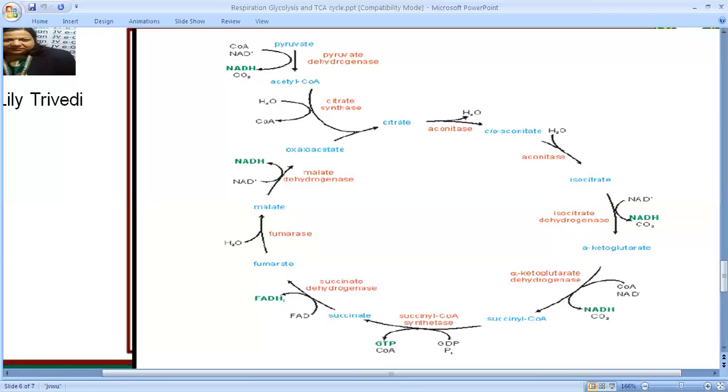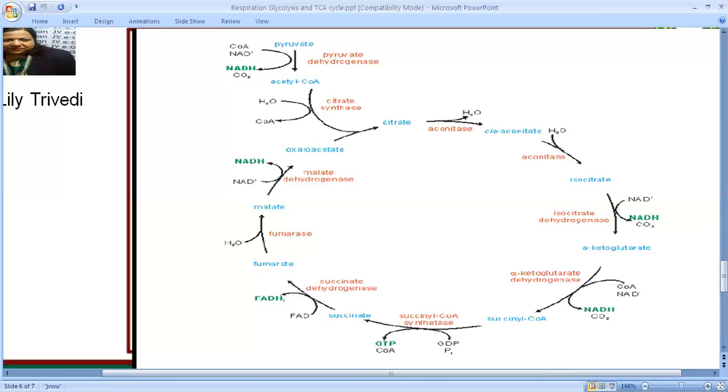Now after this, this fumaric acid is converted into malic acid in the presence of water and fumarase. Now the last step is malic acid is oxidized to oxaloacetic acid in the presence of malic dehydrogenase and one molecule of coenzyme, that is NAD, is converted to NADH2.